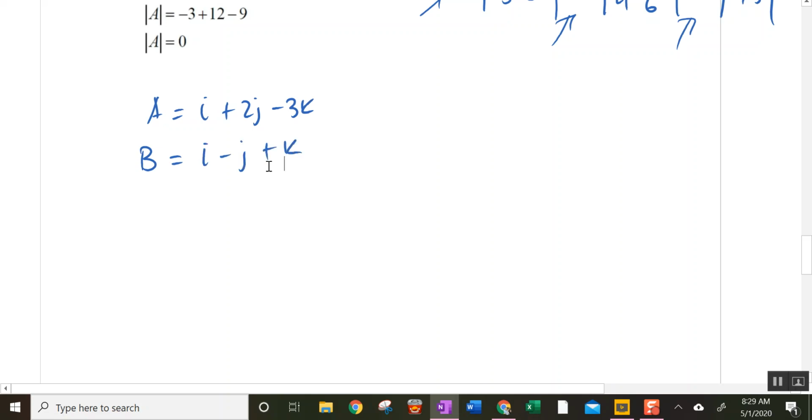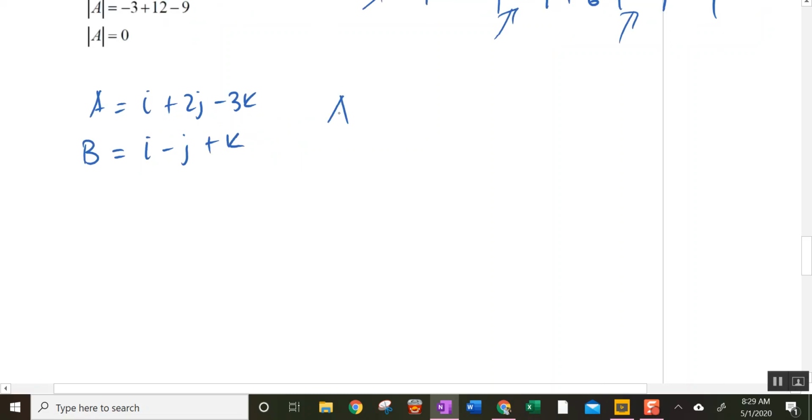If I'm going to calculate A cross B, I'm simply going to put these into a 3x3 matrix, and we'll find the determinant of it. My first row is just going to be ijk. Second row is going to be the entries in A, meaning 1, 2, negative 3. And the entries in B are going to make up my third row, 1, negative 1, 1.